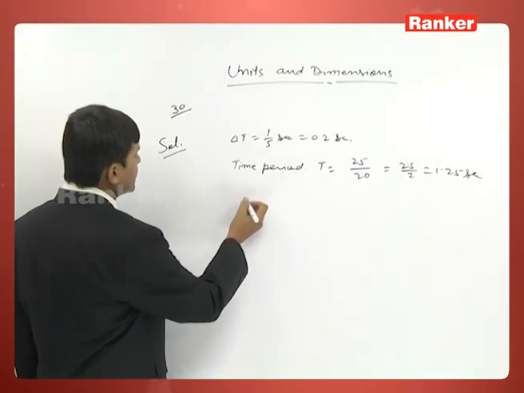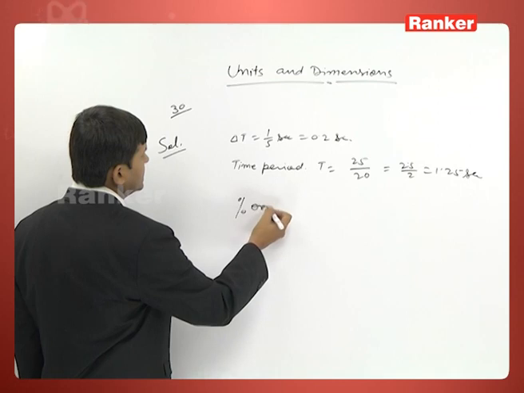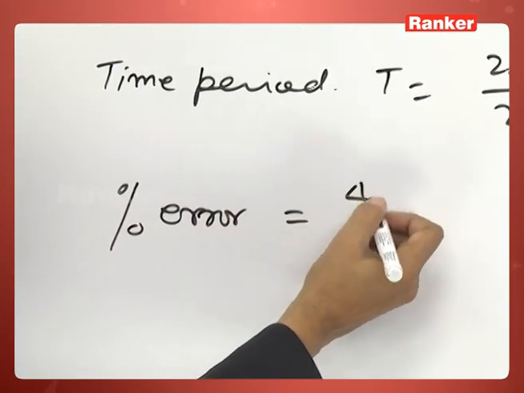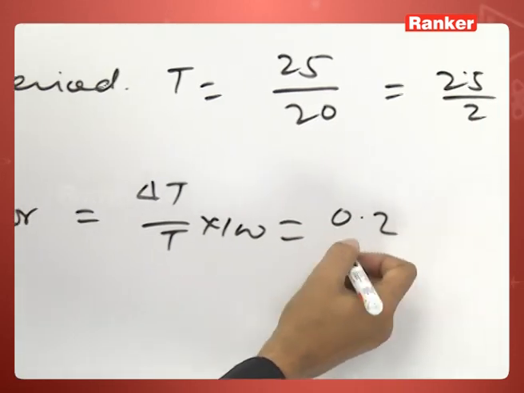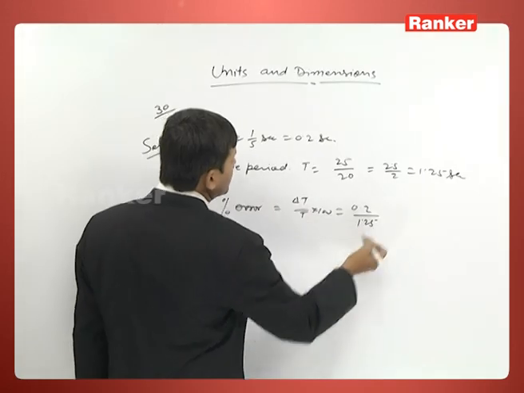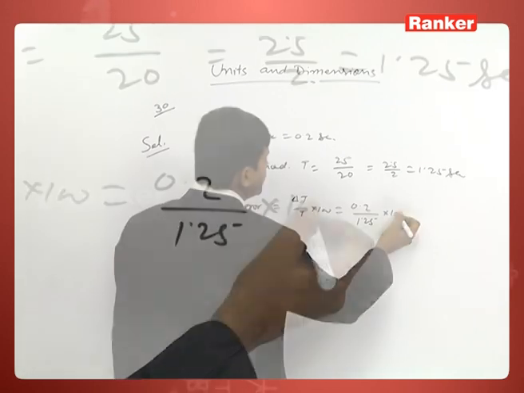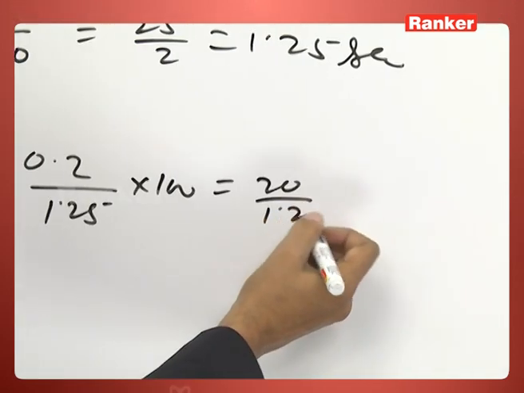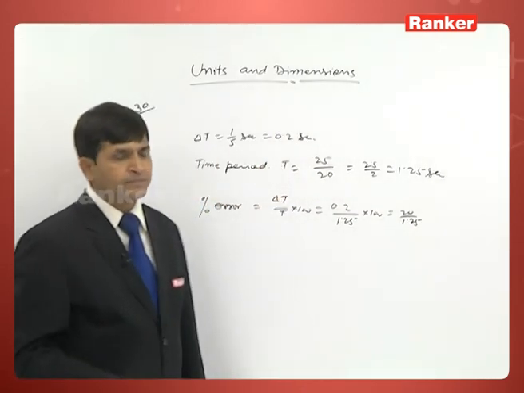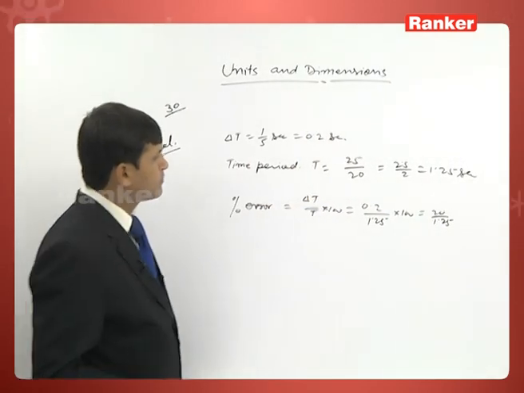So, percentage error is equal to delta T by T into 100, delta T 0.2 over 1.25 into 100. So, this is 20 by 1.25.